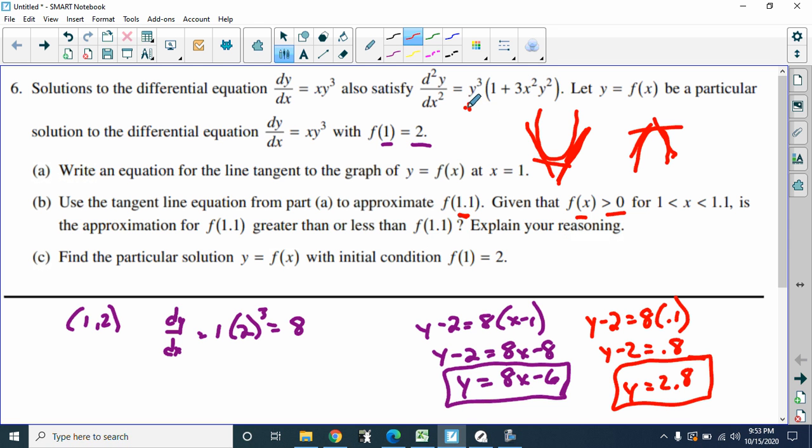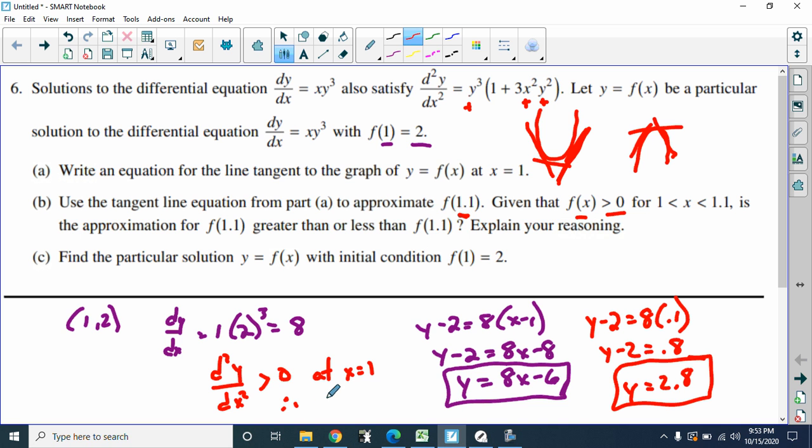So this is positive. Our x value is positive. Our y value is positive. 1 plus positive. All this is positive. The second derivative, d squared y over dx squared, is greater than 0 at x equals 1.